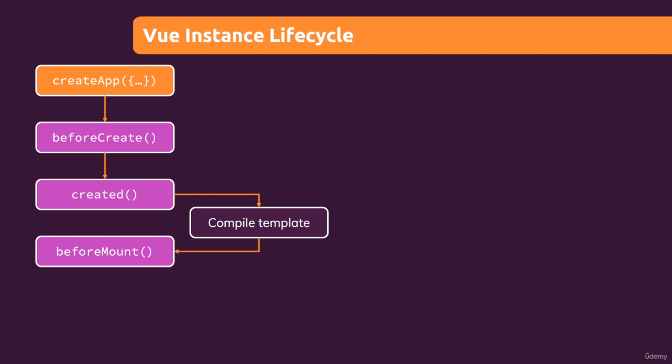Thereafter, the beforeMount hook is reached. beforeMount means that this is right before Vue is actually going to bring something to the screen. So right before we can see something on the screen. So now after created and beforeMount, we reach mounted. So that in the end just means that now we see something on the screen.